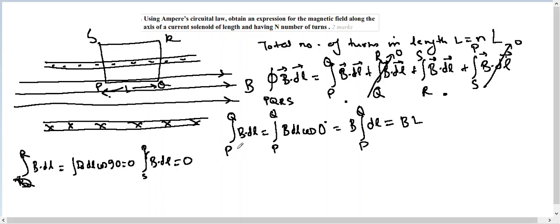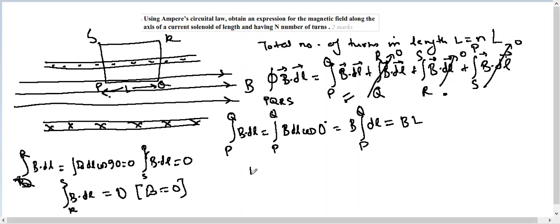Now we are left with the third one. The magnetic field outside the solenoid is 0. So for B dl from R to S, B is 0, which implies this component again goes to 0. So we are just left with BL. Now, Ampere's circuital law: the closed integral of B dot dl is equal to mu naught into the total current through the loop PQRS.